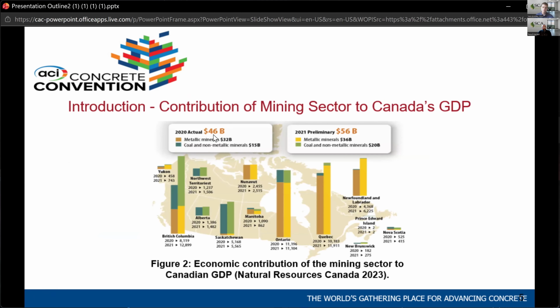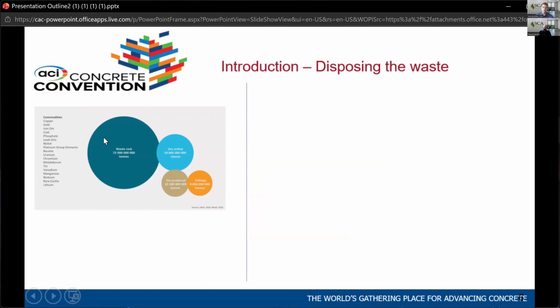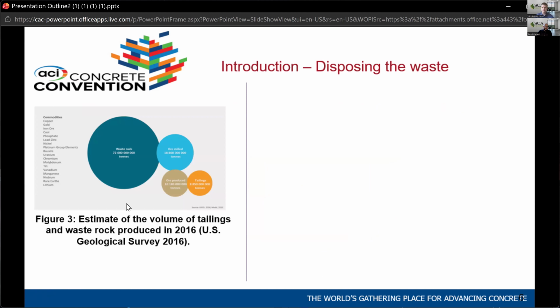This picture compares 2020 with 2021, showing the mining sector GDP in Canada, which increased. This graph shows the estimated volume of tailings and waste rock produced in 2020.